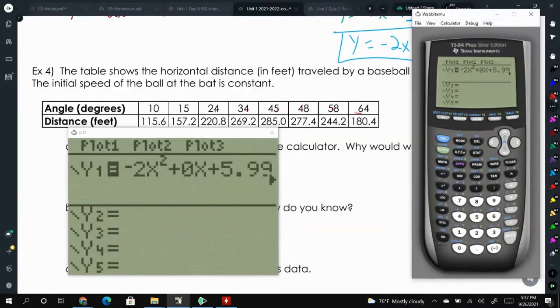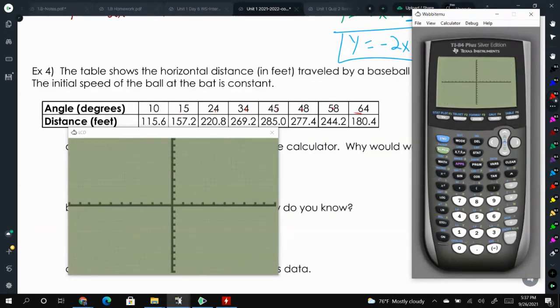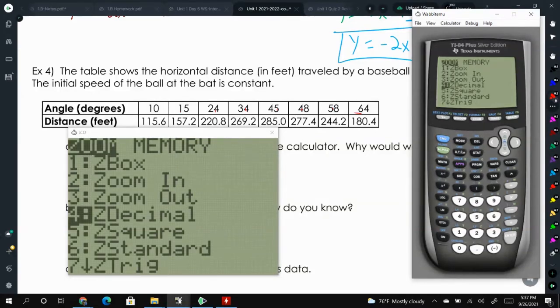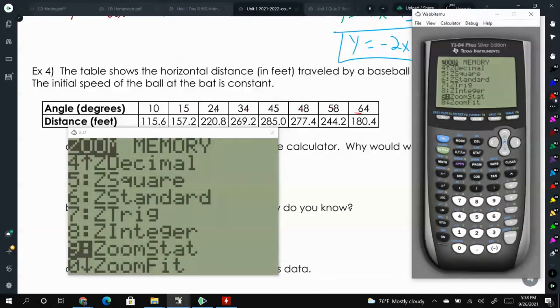So I'm going to go to y equals, clear everything in here. Up here, I'm going to go to plot and hit enter. What that will allow us to do is graph this, and then we're going to press zoom, and we want to go down to zoom stat.